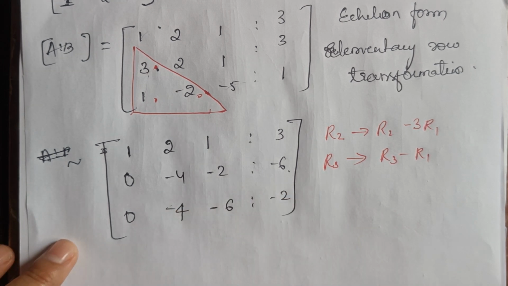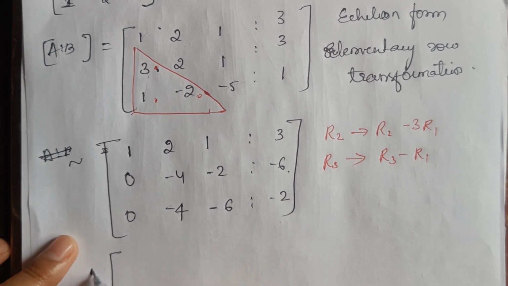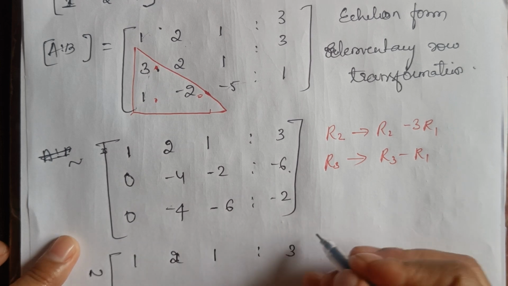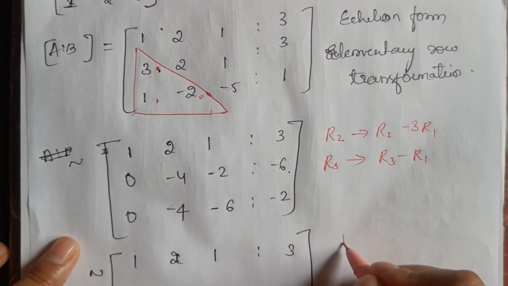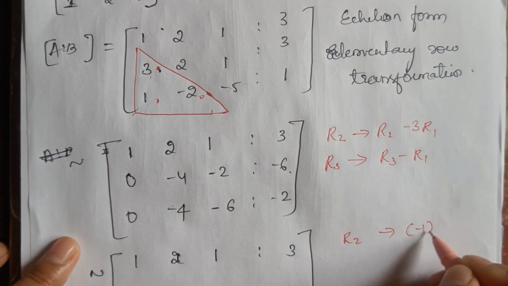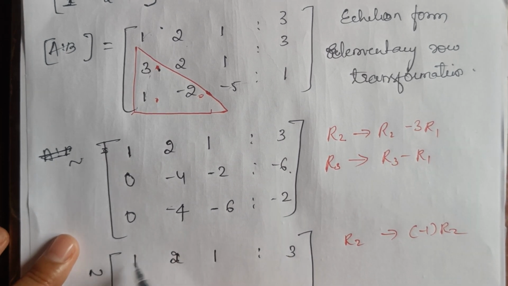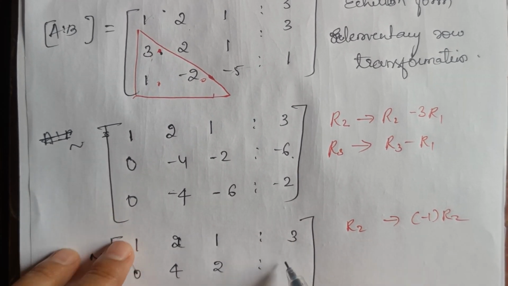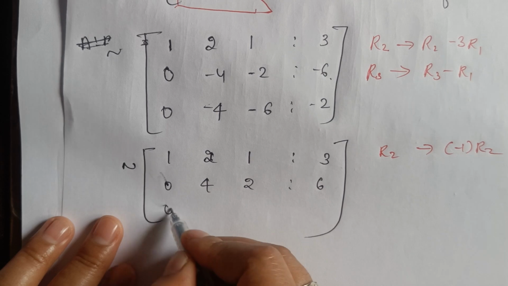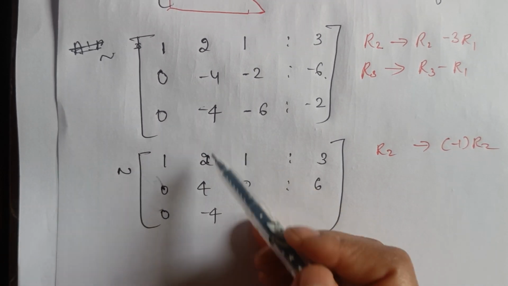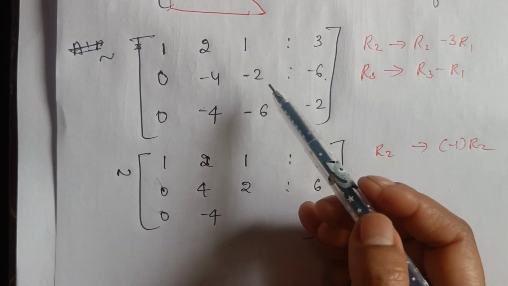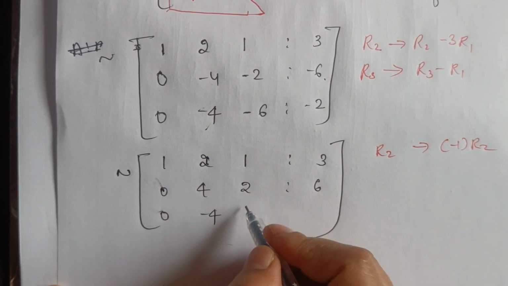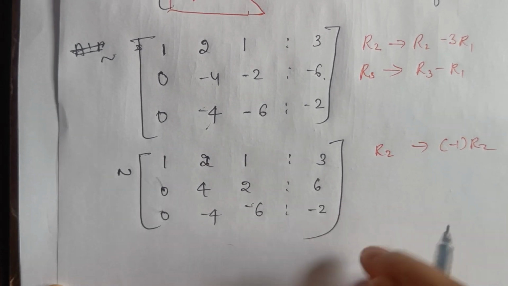So row 1 stays 1 2 1 3. For row 2, I'm multiplying by minus 1, so it becomes 0 4 2 6. And row 3 I'll write as it is, because later if I add row 2 and row 3, the entries will get cancelled. So now I have minus 6 and minus 2.